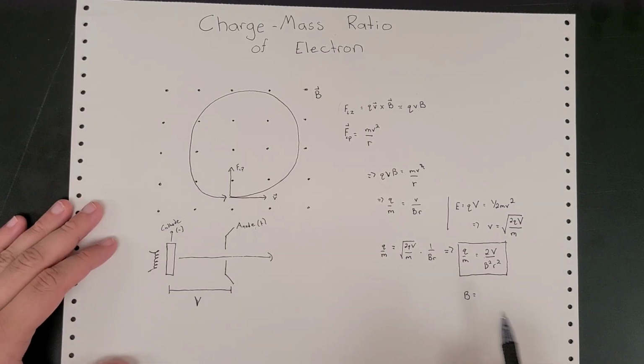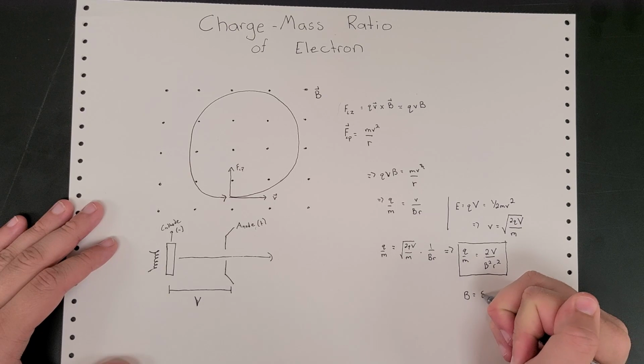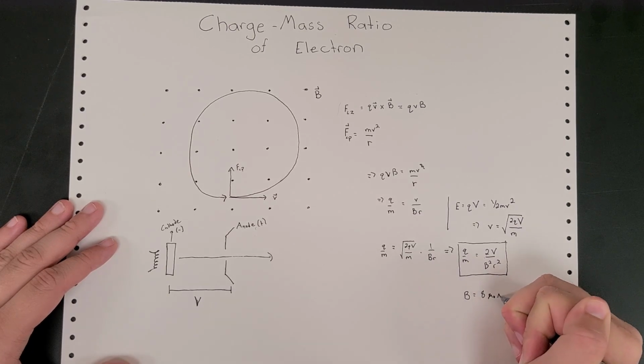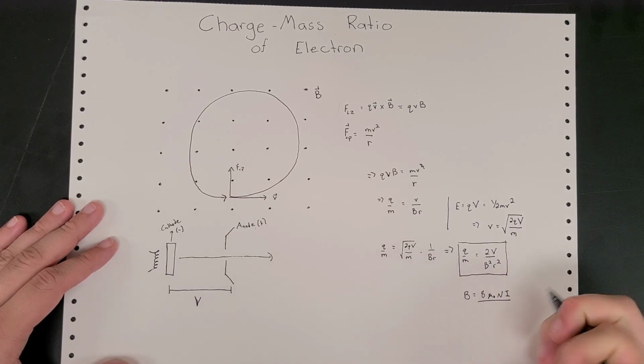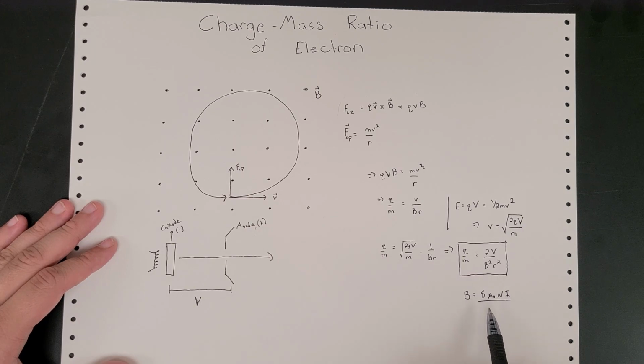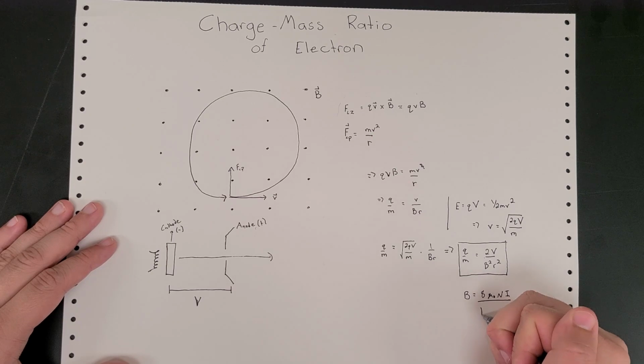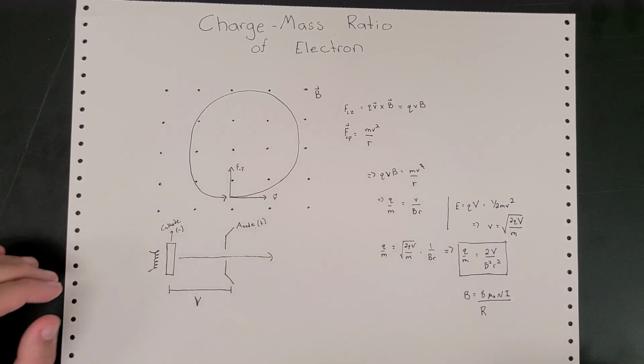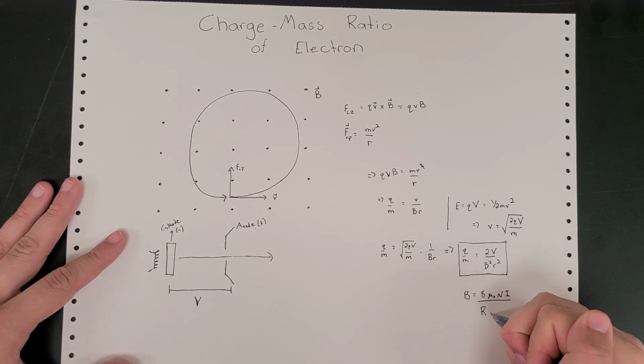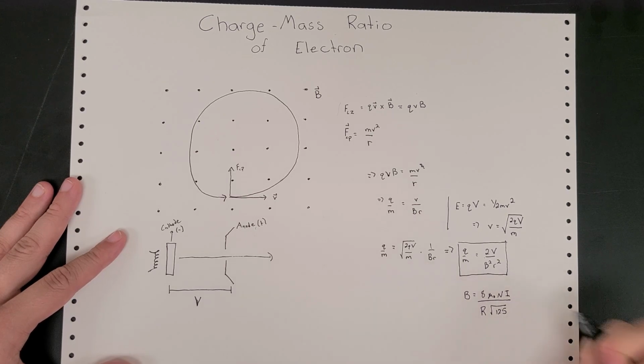That magnetic field is going to be equal to the following: 8 mu naught, where mu naught is the permeability of free space, N is the number of coils for one of the Helmholtz coils that we're using, I is the current that you run through the coil, capital R is the radius of our coils, and then the square root of 125.